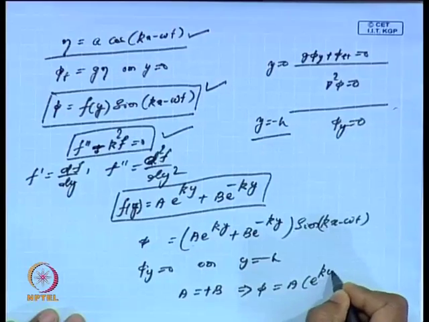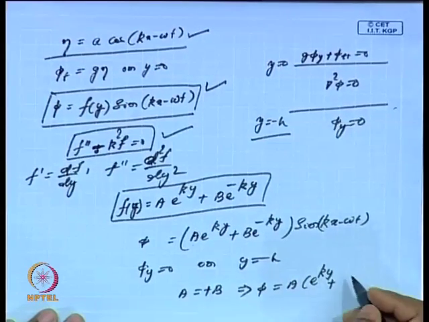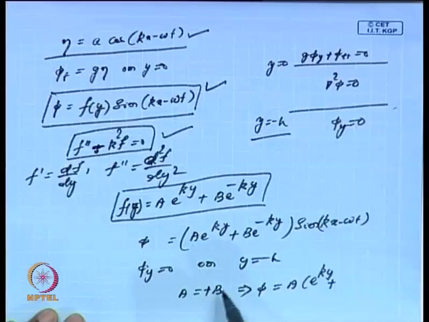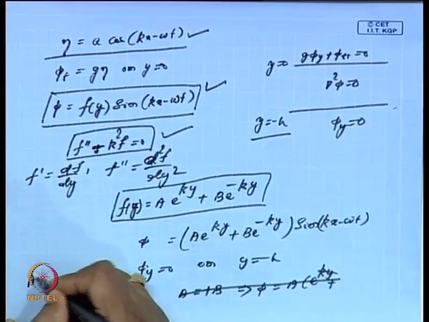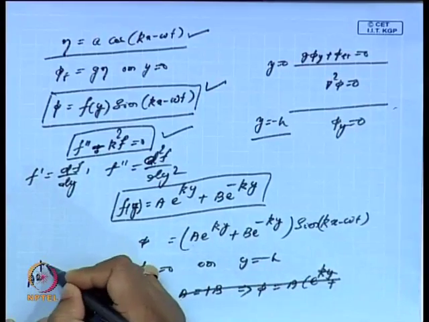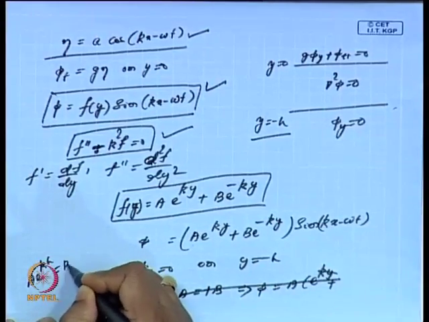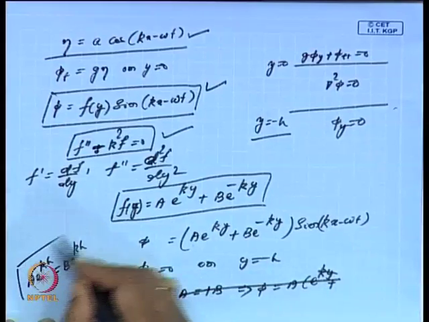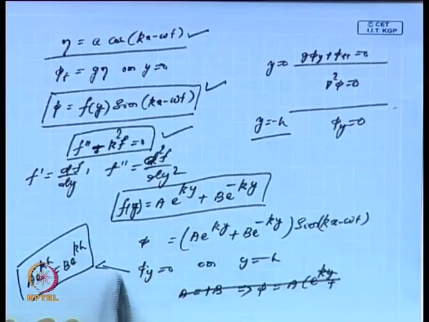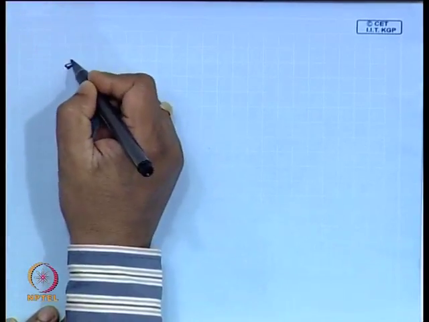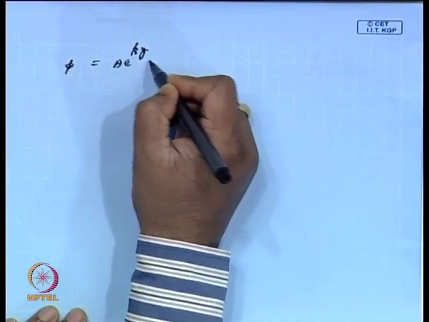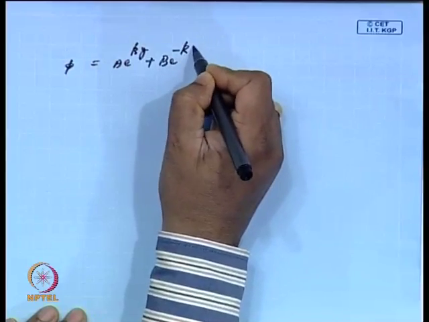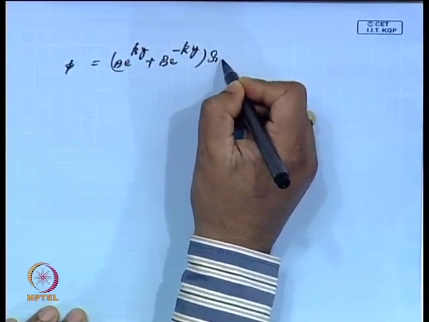Sorry, this is wrong. This will give phi_y equal to 0, that will give me a e to the power k h minus k h is equal to b e to the power k h. This condition will give me this, and then what will happen if I further simplify, because my phi is given by a e to the power k y plus b e to the power minus k y into sin(kx minus omega t).